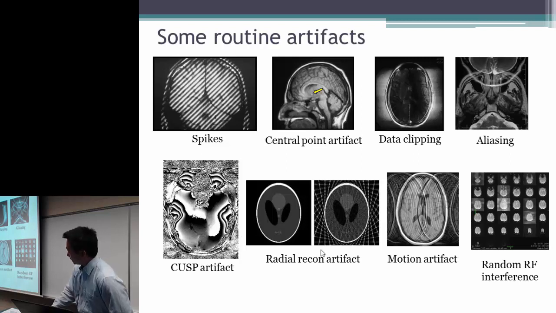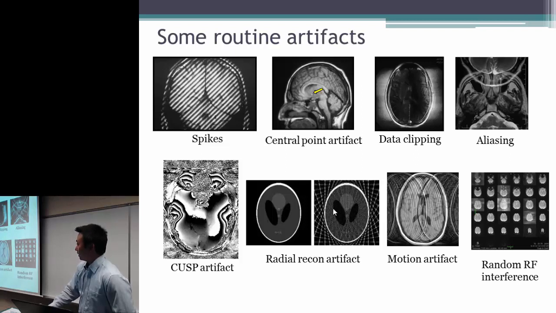And here is the radial reconstruction artifact. If we have a full acquisition of the radial signal that meets the sampling requirement, the image is fine.